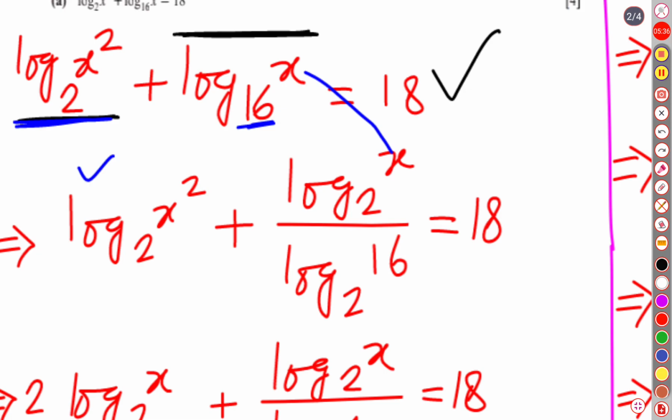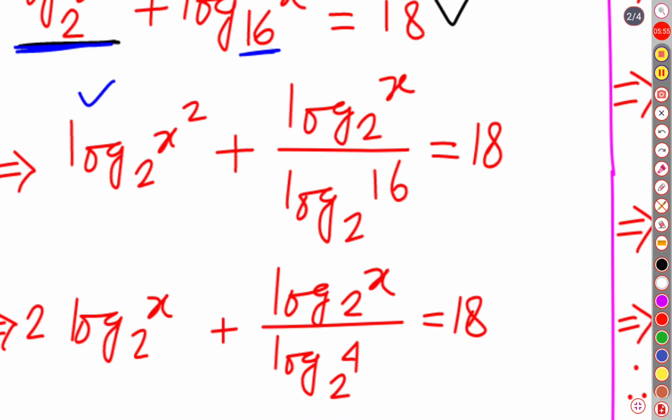The given argument x remains the argument again, but this base has become the argument of the denominator. This is how we can convert a log of any base to a particular base.